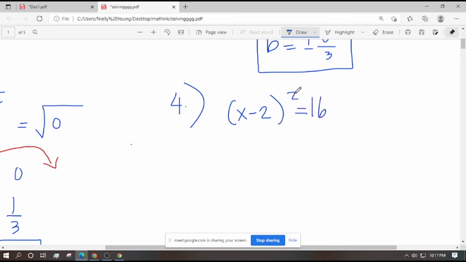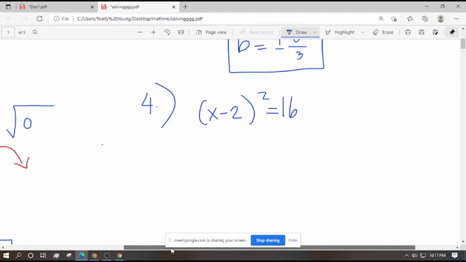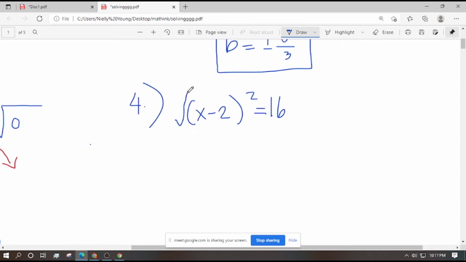To remove the square, what will you do? Take the square root of both sides. Square root here, and the square root of 16 as well. I will make this clear. Okay. Square root here, and here too. So, the 2 cancels. The square root symbol also cancels. So, x minus 2 remains.